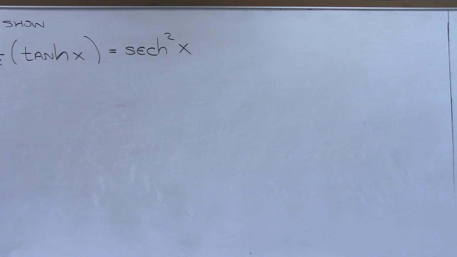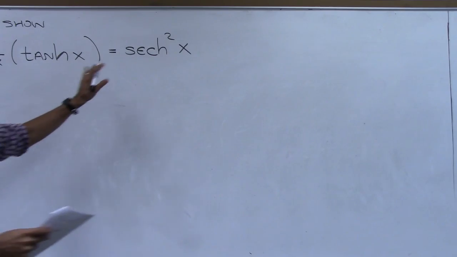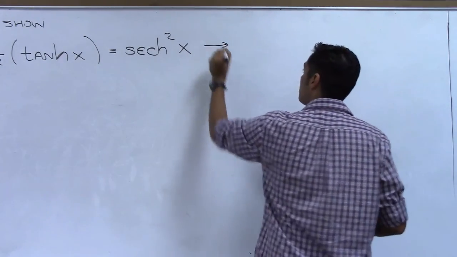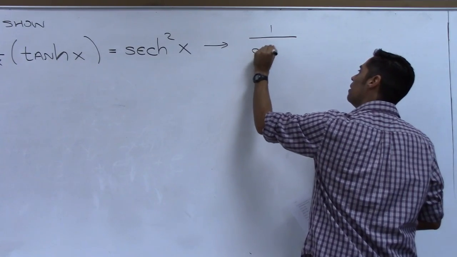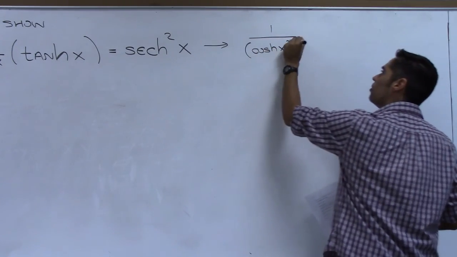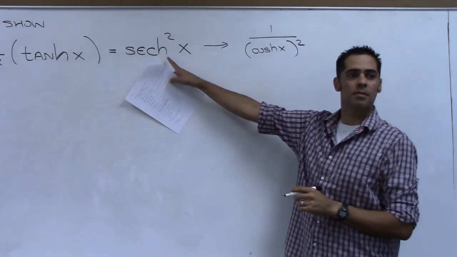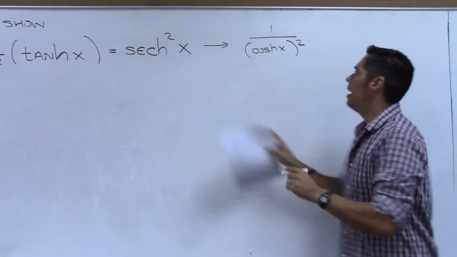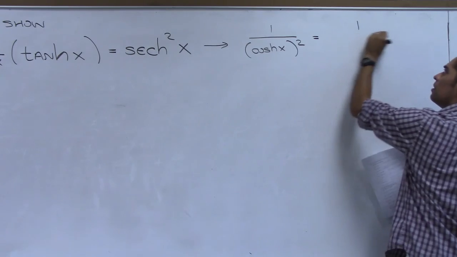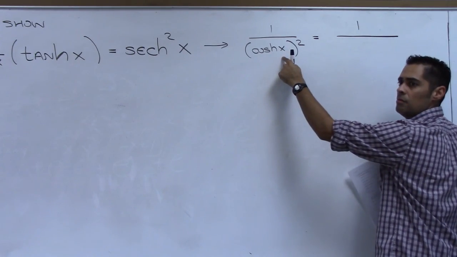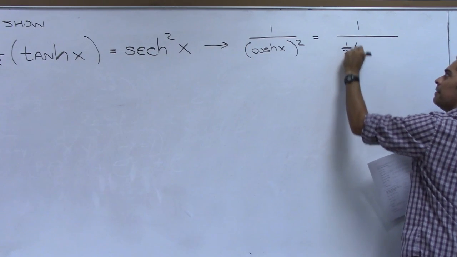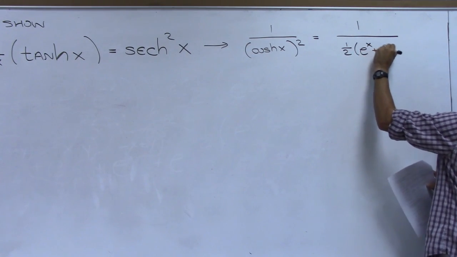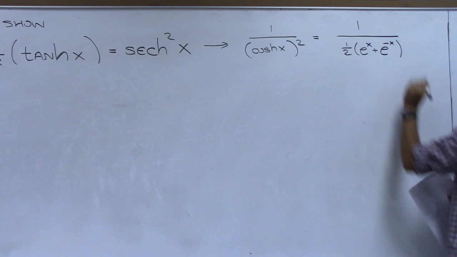And I know you're going to probably run into some issues with this. So let me just remind you what this means. This means 1 over cosine hyperbolic x squared. Isn't that what secant hyperbolic x means? And what is cosine hyperbolic x? 1/2 (e to the x plus e to the negative x), right?